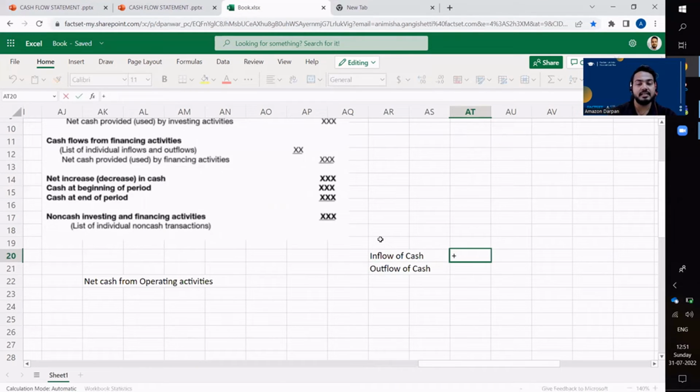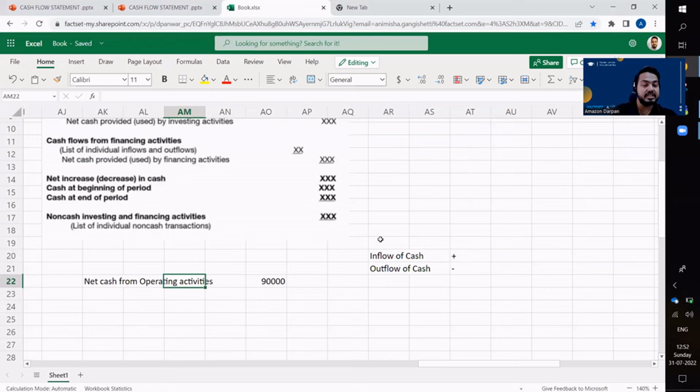If the sign is plus, we know that it is an inflow of cash from that activity. But if the sign is minus, then it is an outflow of cash. So right now when we saw that 90,000 was positive, which means plus, we can also change the heading here: net cash inflow from operating activities.